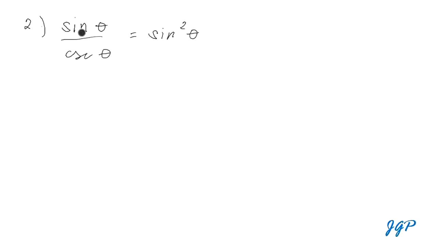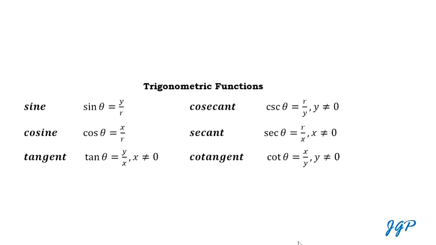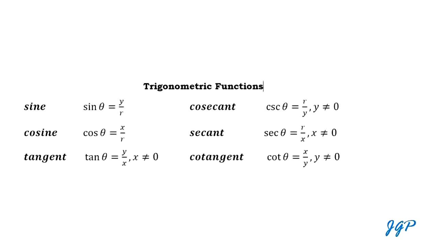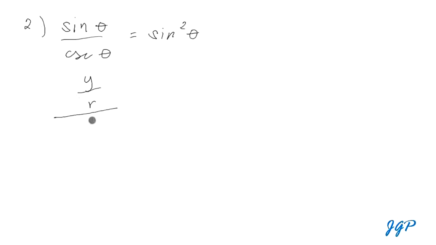Let's look for the value for sine theta. For sine theta, that is y over r, over the cosecant theta, we have r over y, is equal to sine squared of theta.